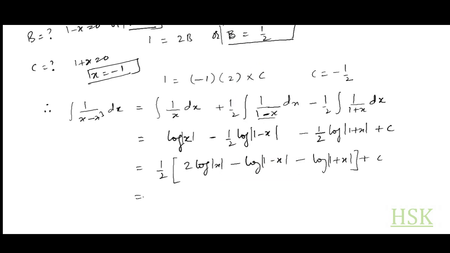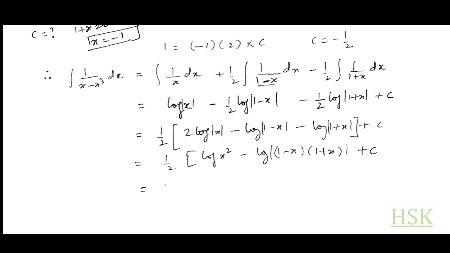This is going to become 1 by 2 times log x square minus log of 1 minus x into 1 plus x plus c.